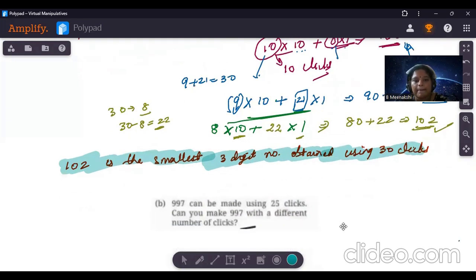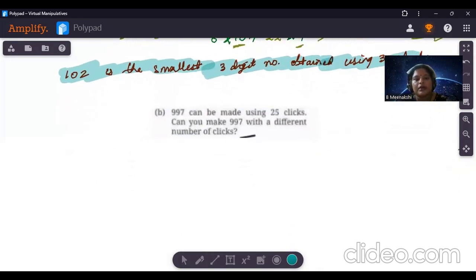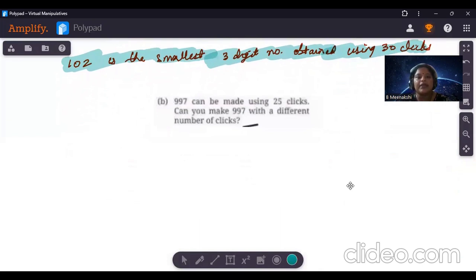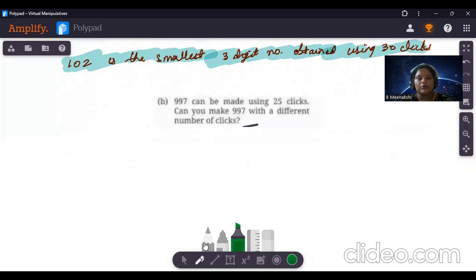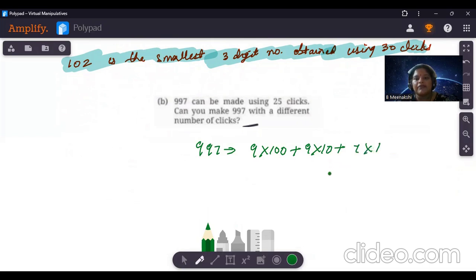Now, the next question. 997 can be made using 25 clicks. I already told you. So 997 is 9 times 100 plus 9 times 10 plus 7 times 1. So 9 plus 9 is 18.